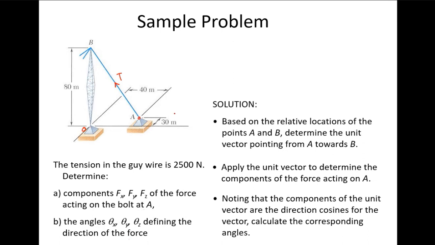Say along this direction you have the x direction, along this direction you have the y direction, and along this direction you have the z direction. You can also take it in this direction. That doesn't matter, right? So x, y, and z.